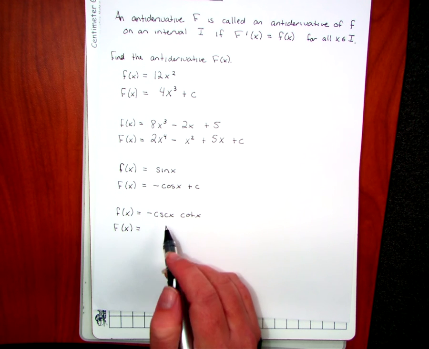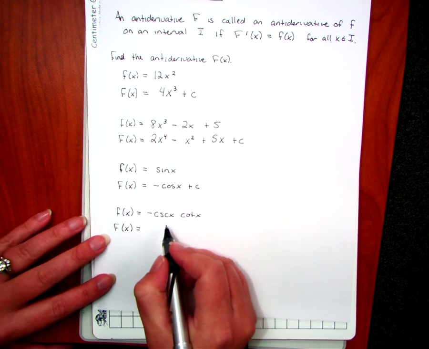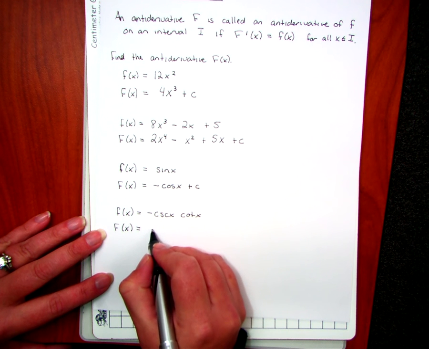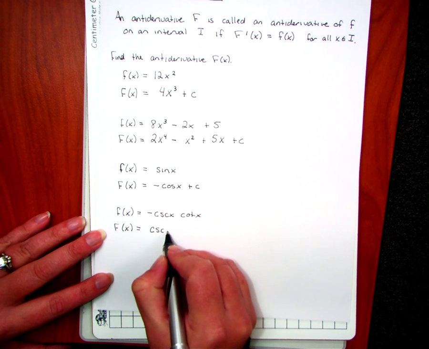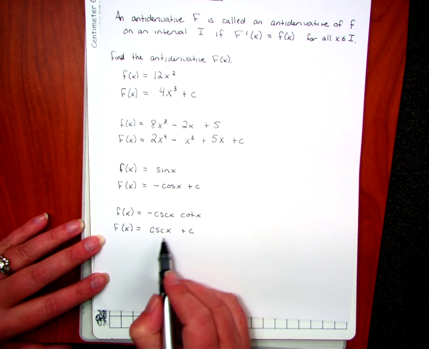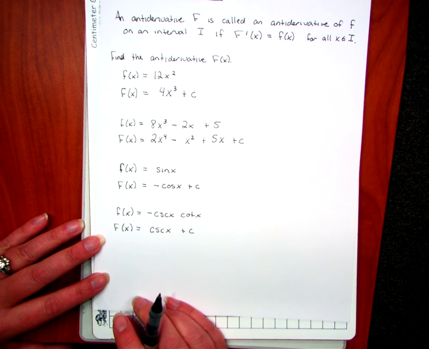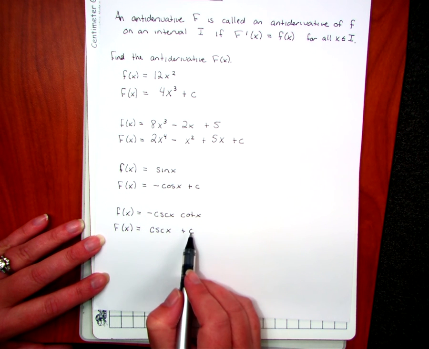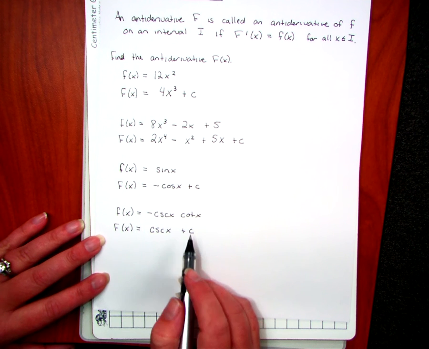If you remember, negative cosecant cotangent is the derivative of cosecant. So the antiderivative is cosecant x plus c. Because if I differentiate capital F, I get little f, because the derivative of cosecant is negative cosecant cotangent, and the derivative of c is 0.